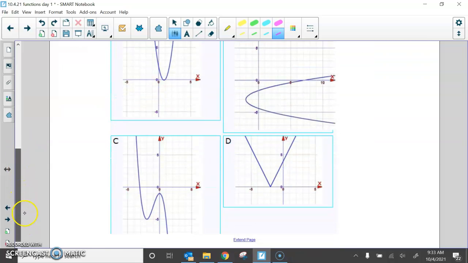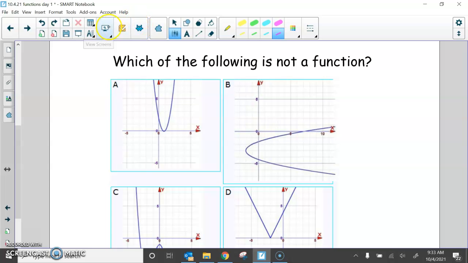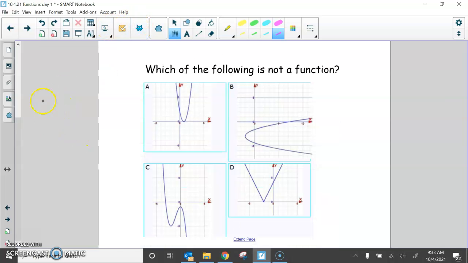So let's figure out which of these right here is not a function. If I draw a vertical line up and down, it only crosses one time, right about there. If I draw another vertical line, it crosses right there. So A is a function.